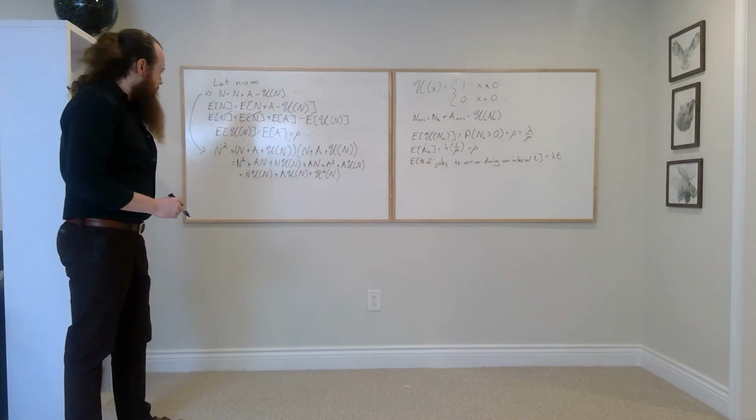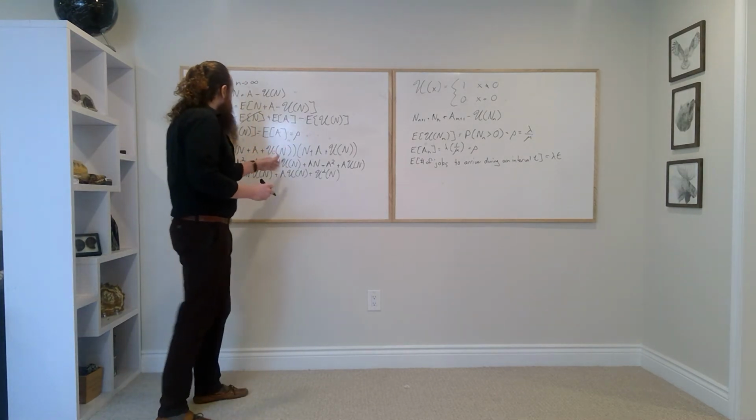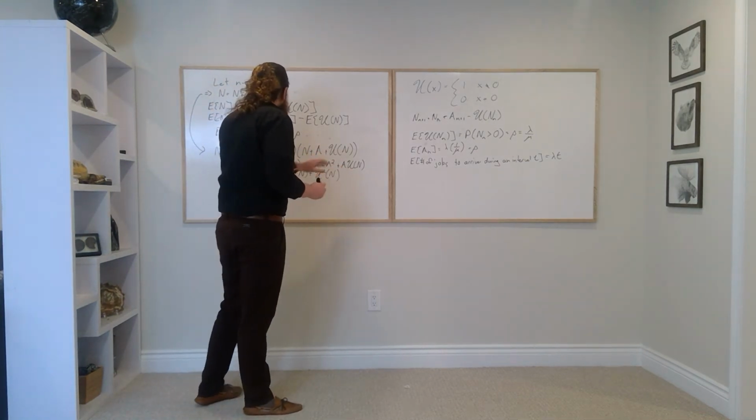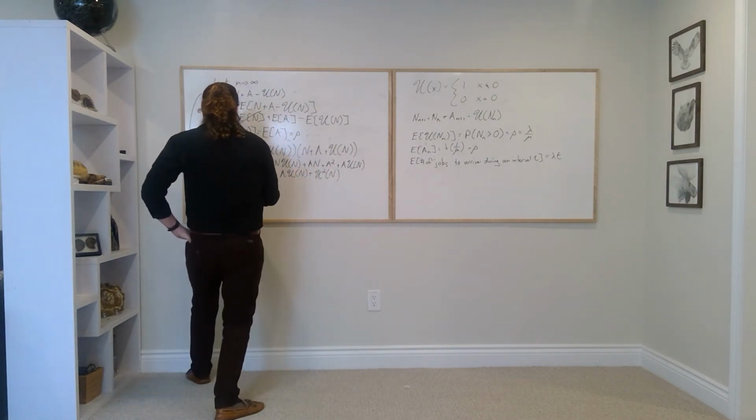Okay, double check my work, make sure I haven't made any mistakes. I should get, what, 9 terms? 1, 2, 3, 4, 5, 6, 7, 8, 9. Good. Collect all the like terms, should end up with 6 terms after.